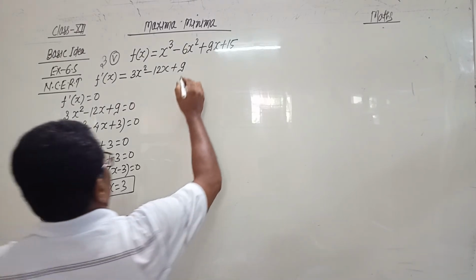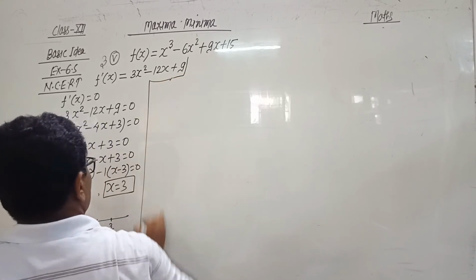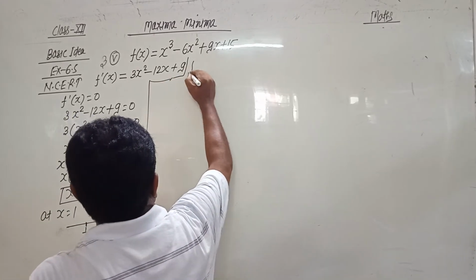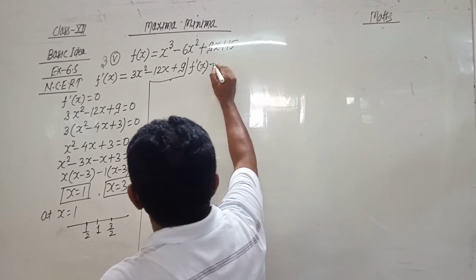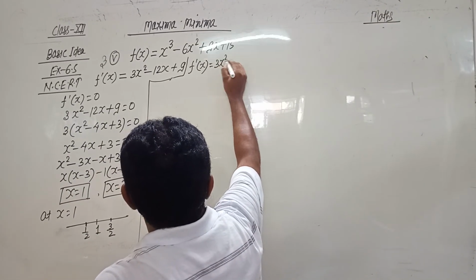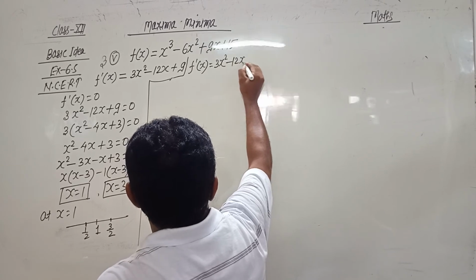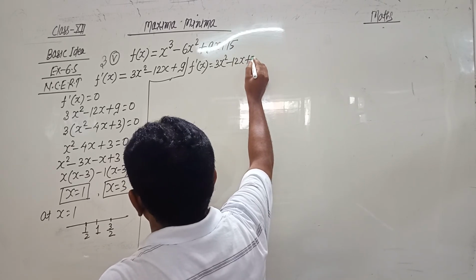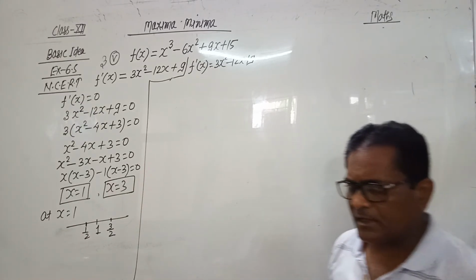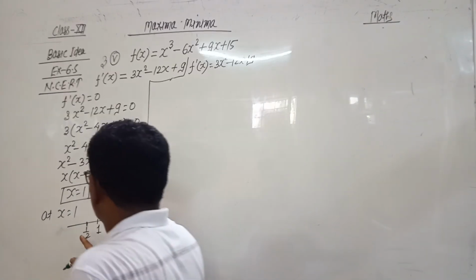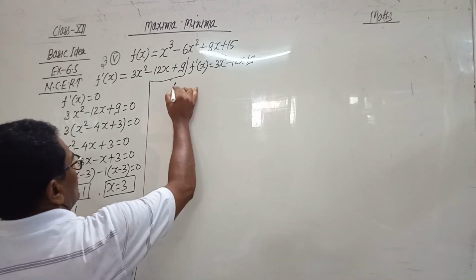Now f dash x is 3x square minus 12x plus 9. And put the value of x in this expression. Firstly, x equals to 1 by 2.